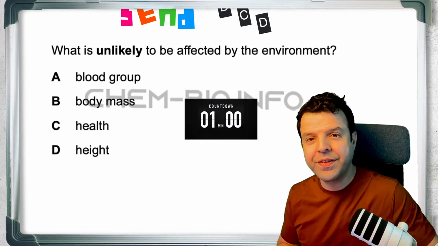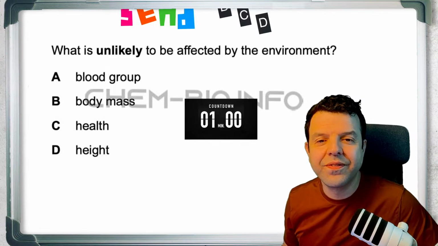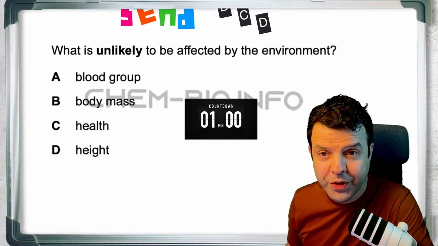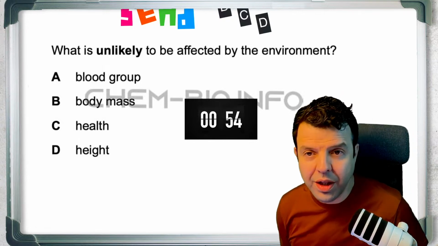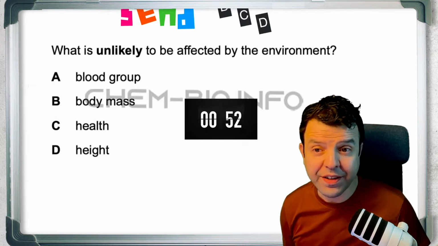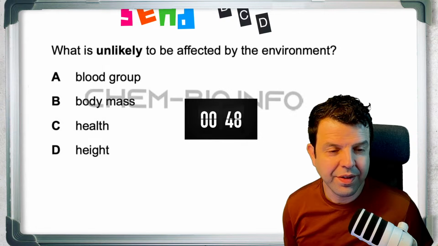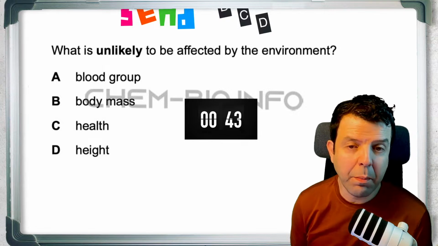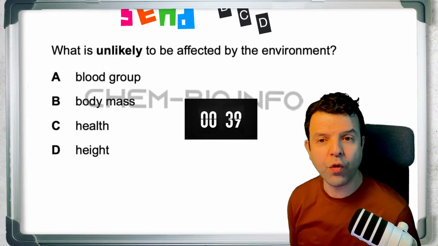This one. I think this one's easy, right? You should all know it. What is unlikely to be affected by the environment? Someone's telling me here, if the mom is overweight, isn't she likely to have an overweight child?